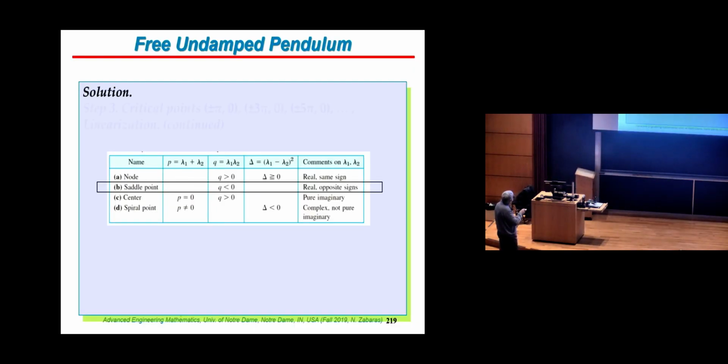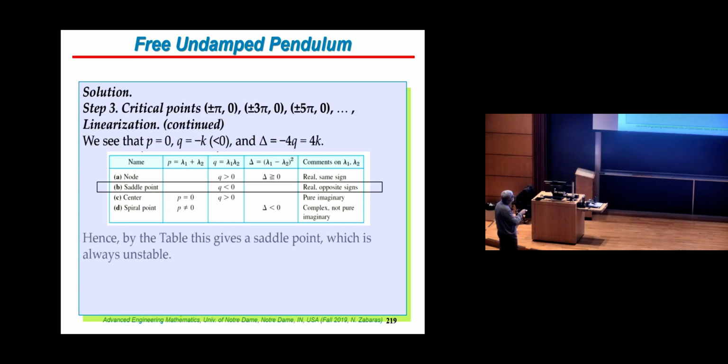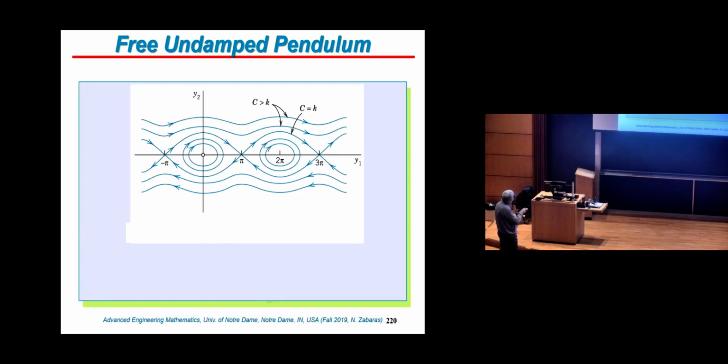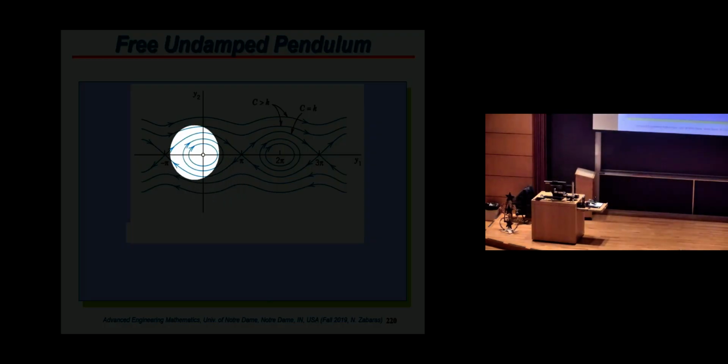And here is this wonderful picture that I'm going to show you. This is what I would like you to plot by hand, depending on your problem in the exam. This is the phase picture of the system of differential equations, a nonlinear system. And you notice we get these stable circles, all right?